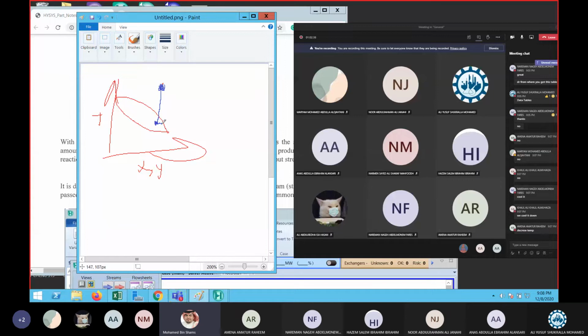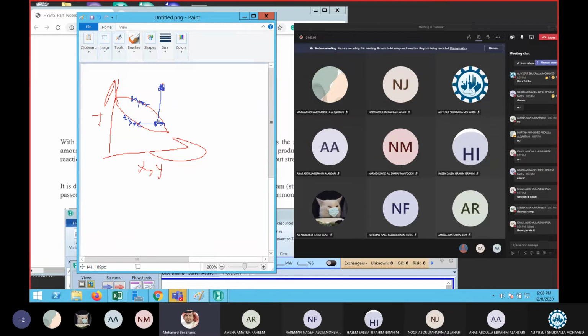Some things will go to the vapor, because this is the vapor line. I don't know if you remember this, but you should, because most of you are doing Thermo 2 this semester. So this is the vapor and this is the liquid. When I cool, I get separation: some goes to the vapor and some to the liquid.